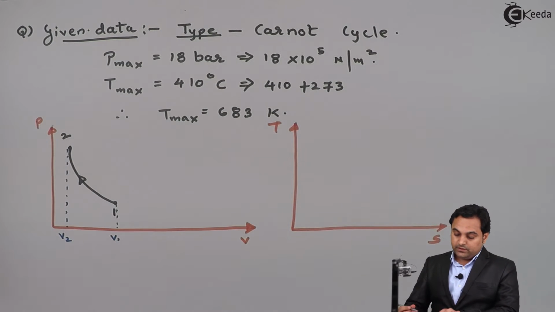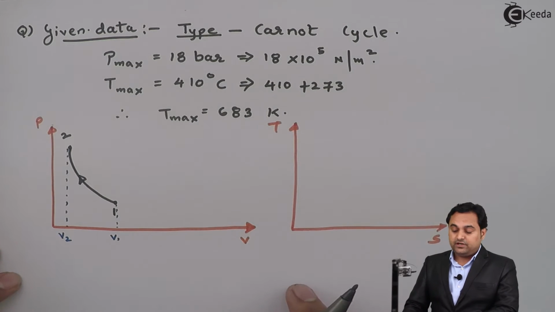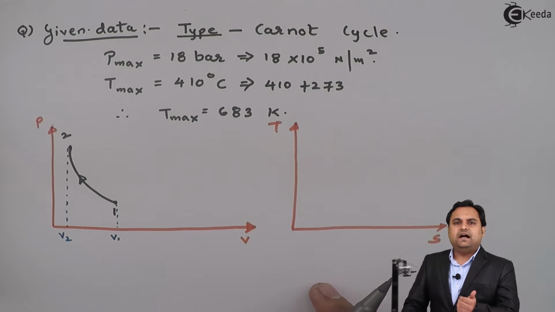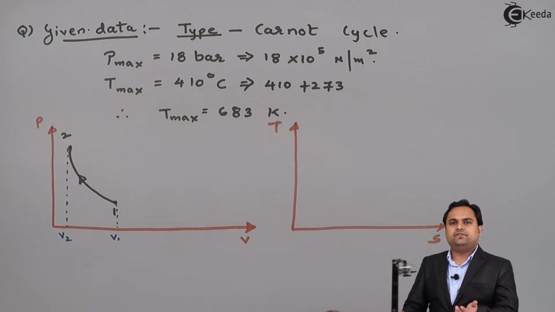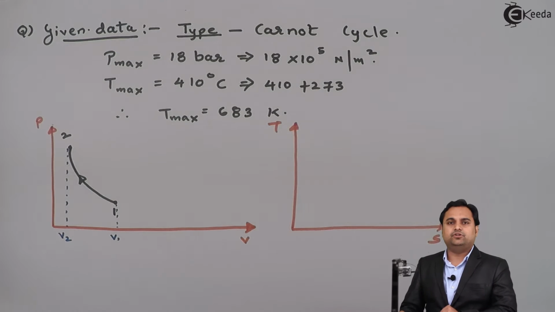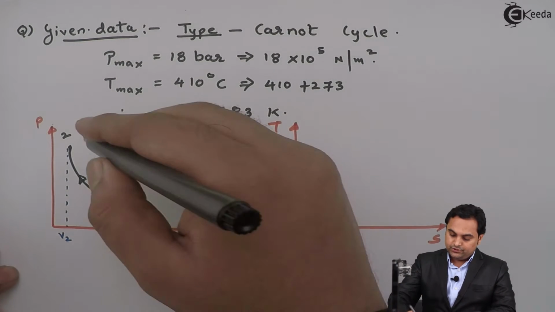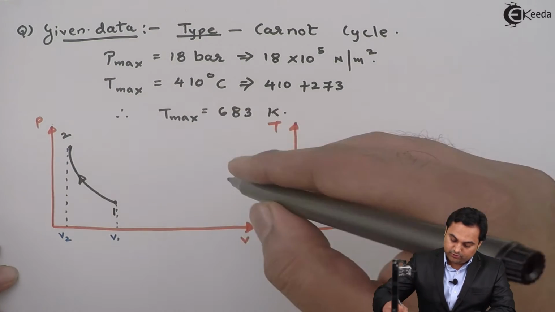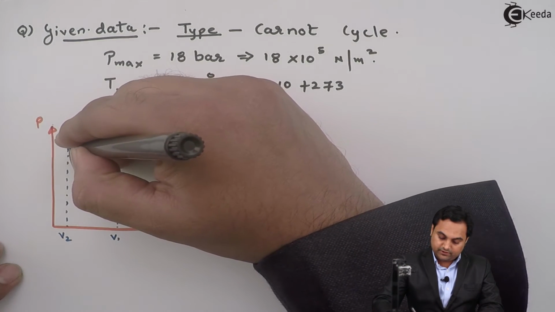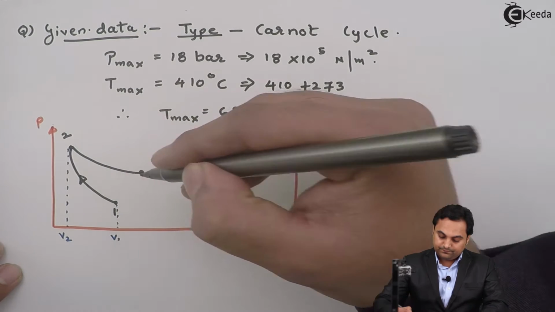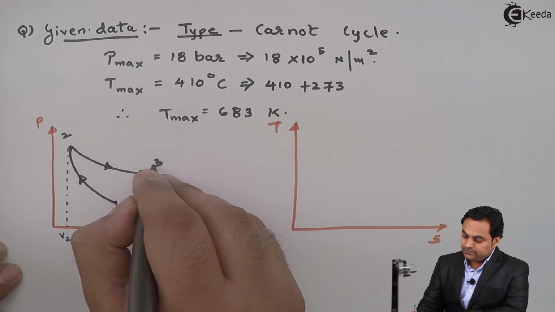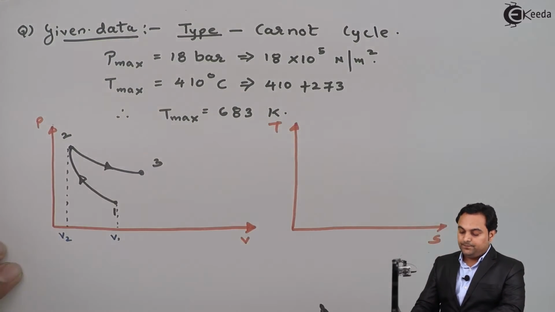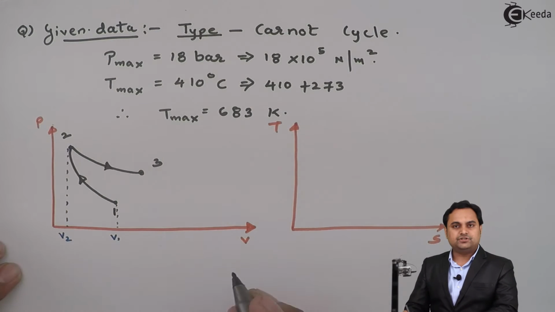Next, the second process in case of Carnot cycle is isothermal, or we can also call it reversible isothermal heat addition process. So isothermal process is also shown in the form of a curve. So this is the isothermal heat addition process.